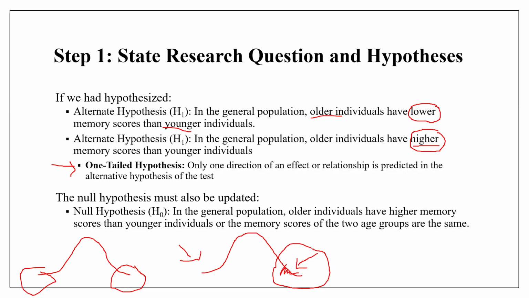If you have a two-tail hypothesis, then you're going to be looking at both tails because you have not predicted a direction. You haven't said if it's higher or lower. If you have a one-tail hypothesis, we're going to be looking at one specific tail, like here, because again, you have indicated a very specific direction, in this case, that it is higher, for instance.